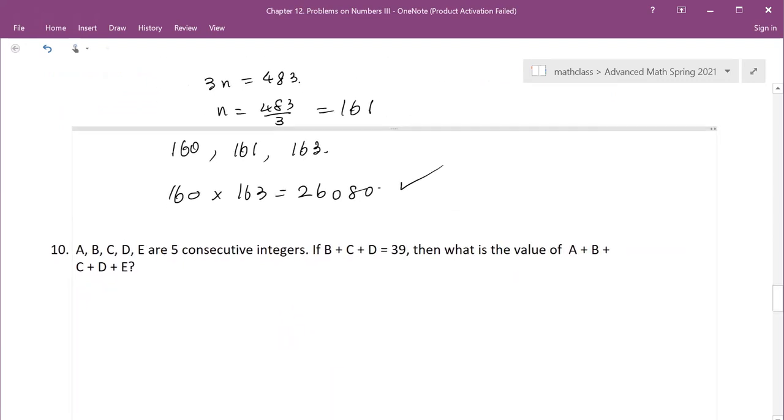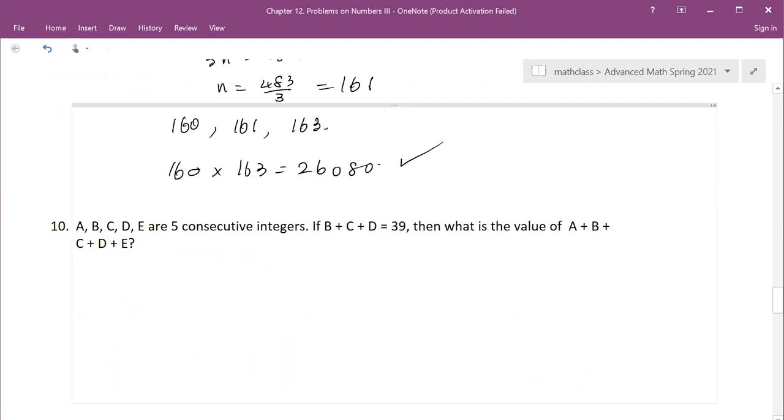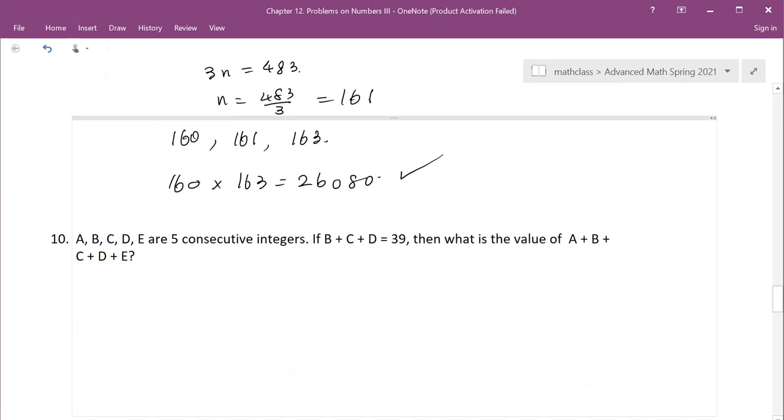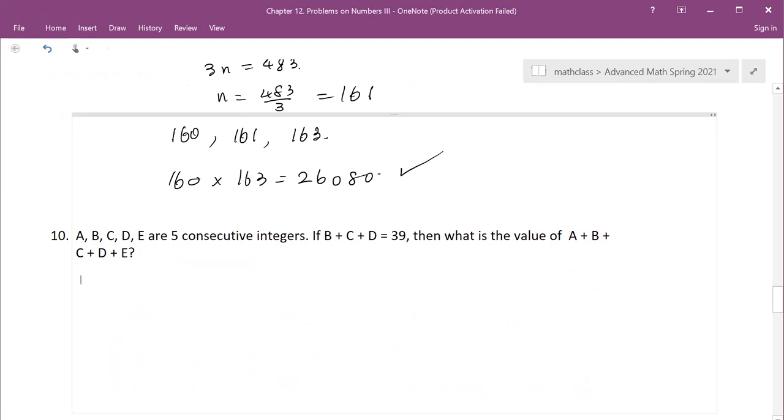Okay, here's another problem. A, B, C, D, E are 5 consecutive integers. If you know the sum of B, C, D, the three middle ones, is 39, what is the value of the sum of these 5 numbers?